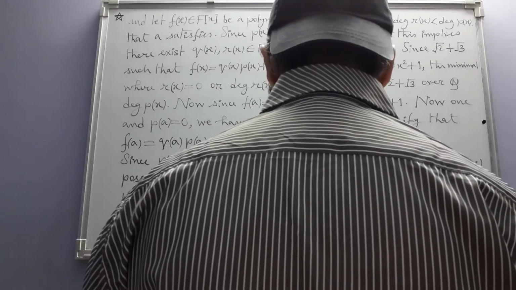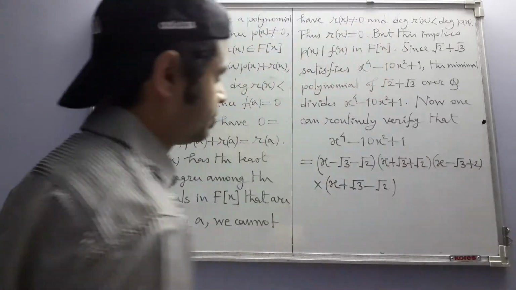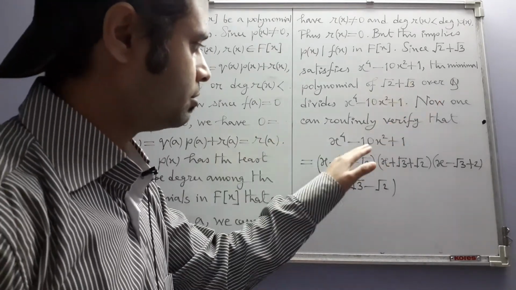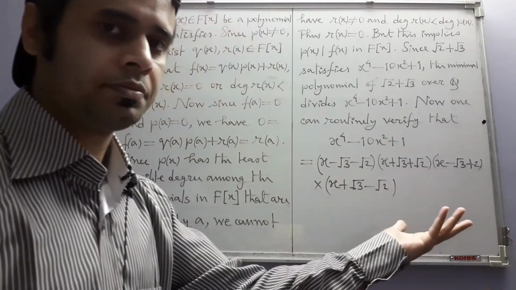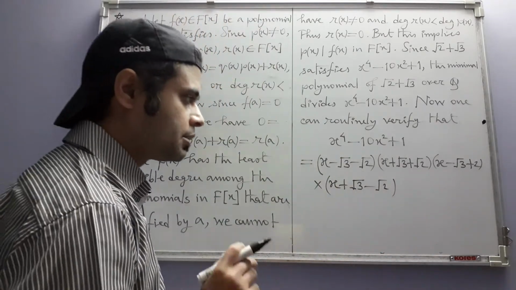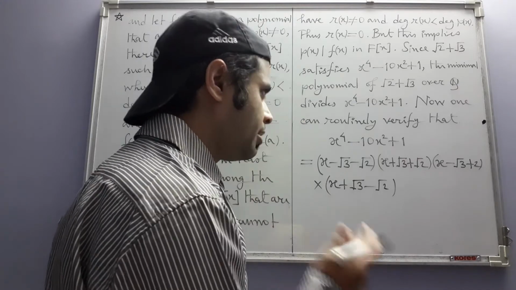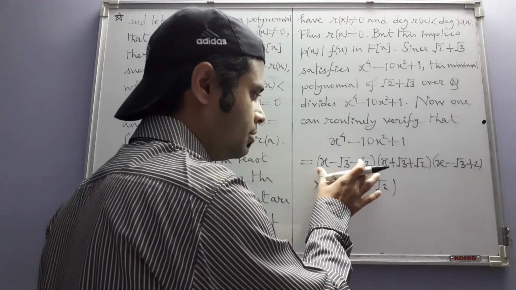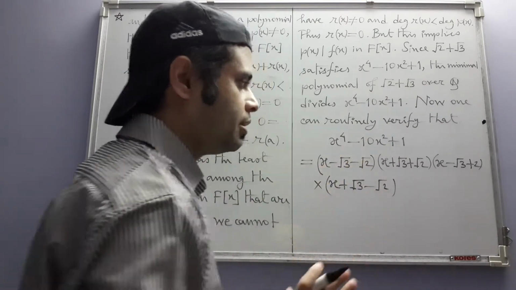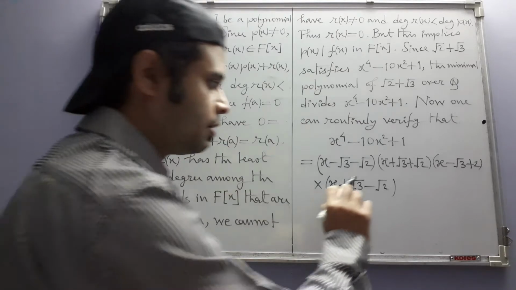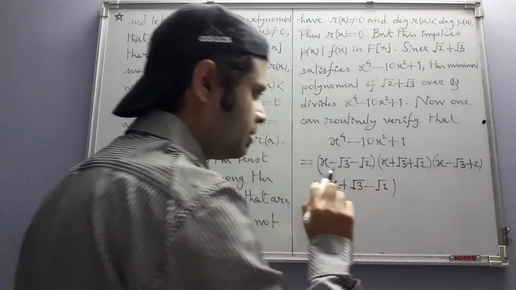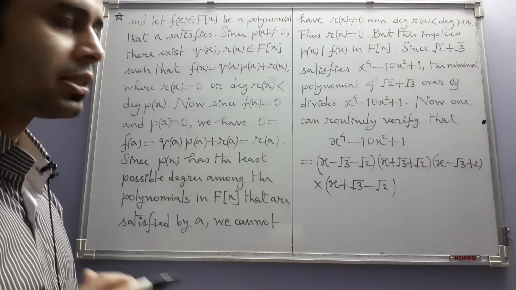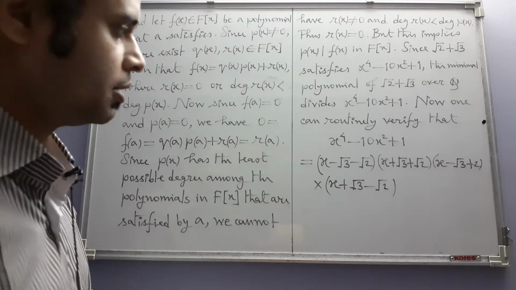Okay, so that means what? The minimal polynomial of root 2 plus root 3 over Q has to divide this. Now since the minimal polynomial should also be satisfied by root 2 plus root 3, this factor must be there in the minimal polynomial. Note that none of the other factors is satisfied by root 2 plus root 3. So there are 3 possibilities for the minimal polynomial.